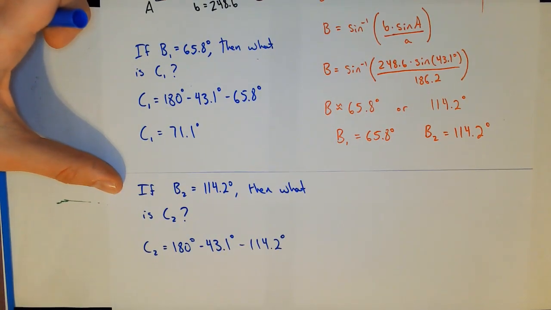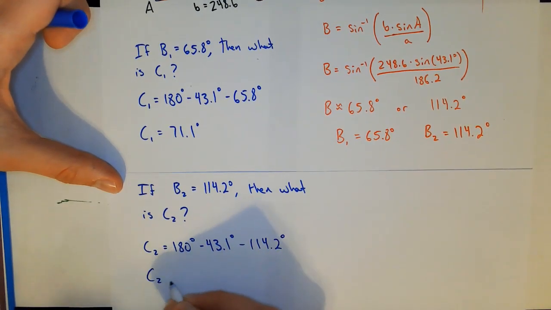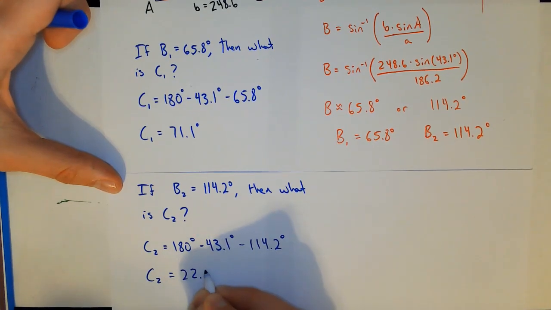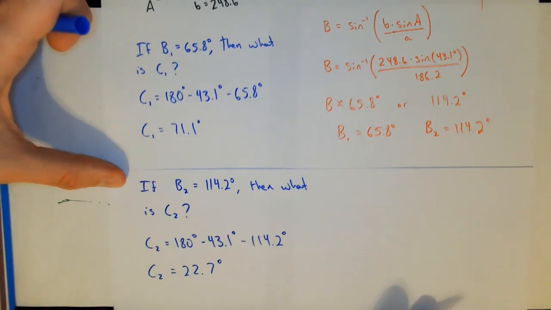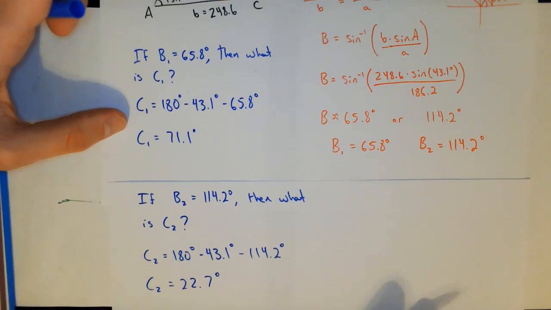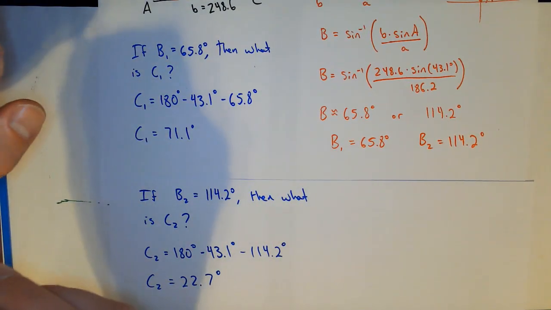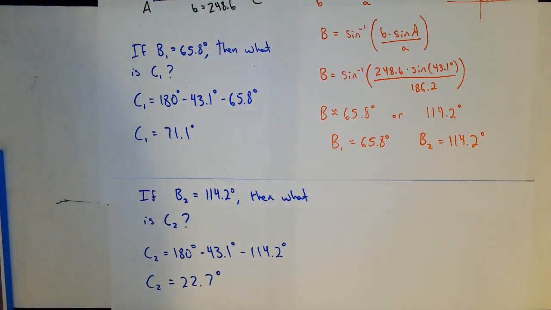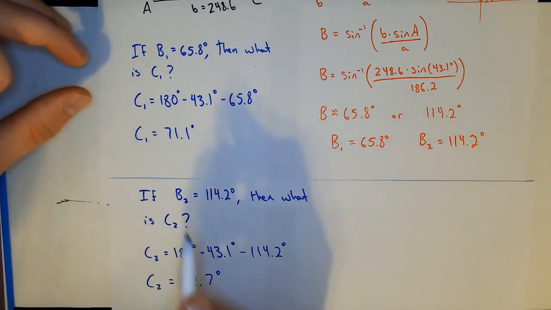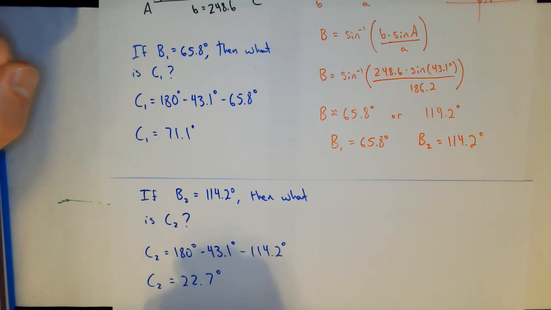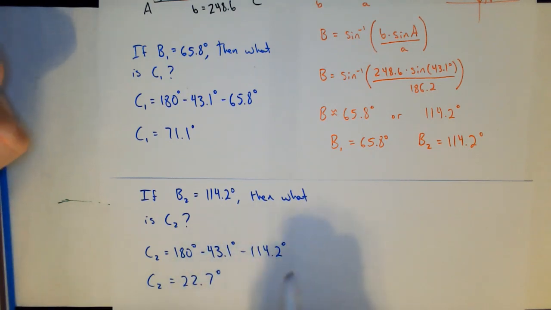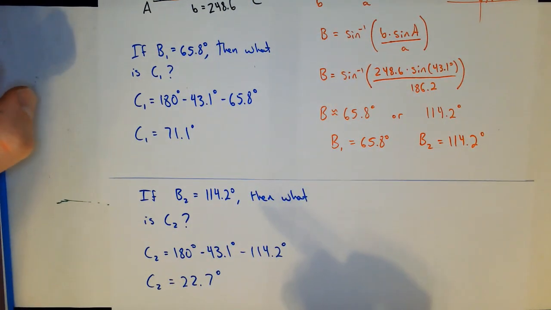Let's see. Is that 114 angle too big? Minus 114.2. Ah, it's not. C2 is equal to 22.7 degrees. So both of these represent legitimate angles that could be given for angle C.